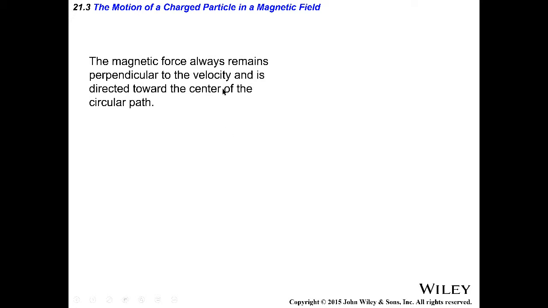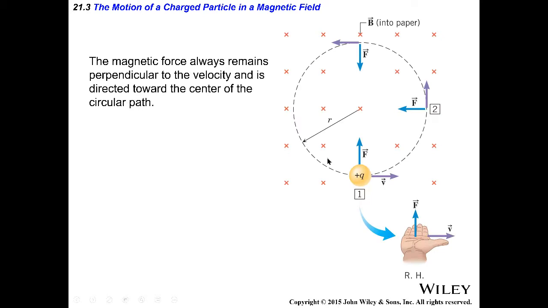The magnetic force always remains perpendicular and is directed towards the center of the circular path. So now, again, you have a magnetic field into the board, and you are going with V. V cross B, when you're down here, the force is upward.